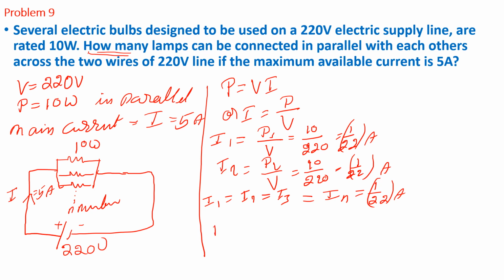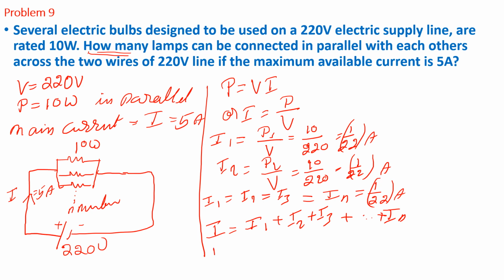Now they have given the main current, I. In parallel combination, the main current gets divided. So I is equal to I1 plus I2 plus I3 plus and so on up to IN. This is the formula for parallel combination. But we found that I1 equals I2 equals I3 equals IN, which is equal to 1 by 22.